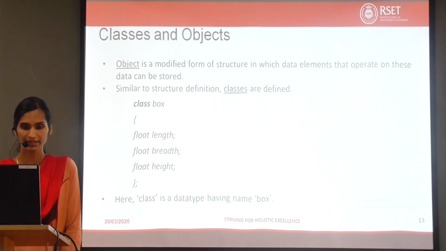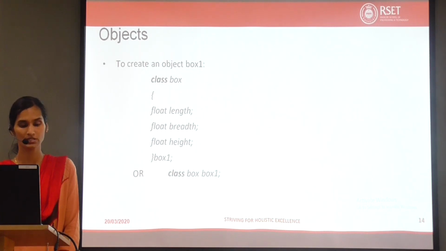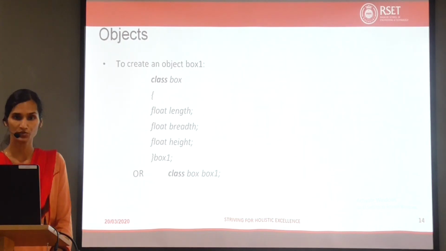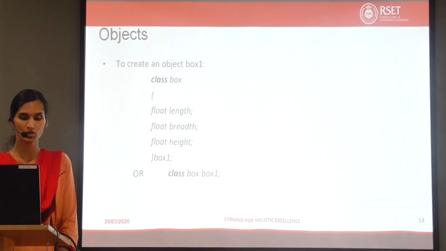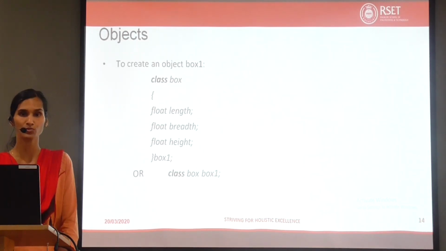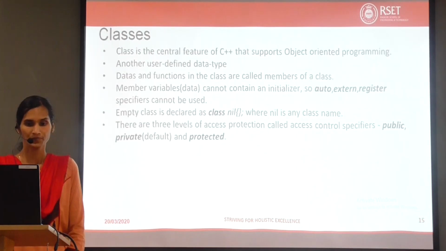Now I can refer to my particular object called box1 in either of these ways. I can either write it as class box with the brackets, and along with that, write the object name and end it with a semicolon, or I can, after writing the class characteristics, write the line class box1. Just like we have seen this in structures.